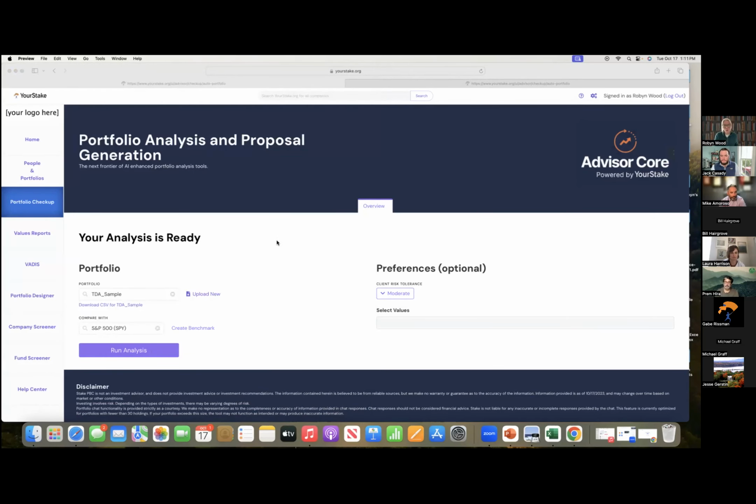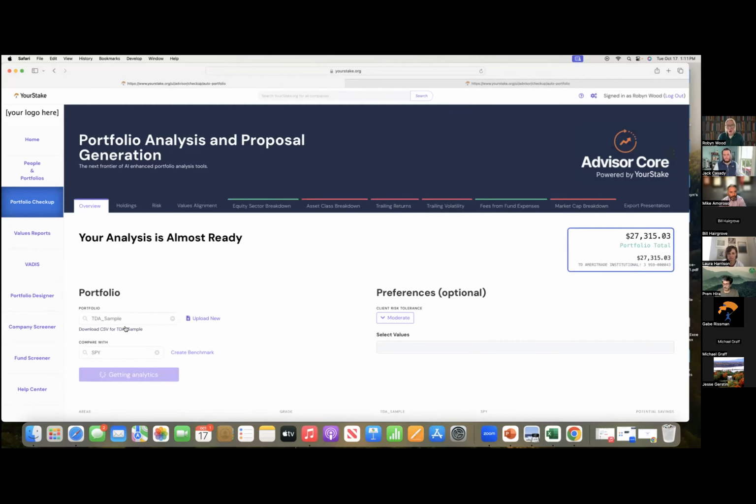Okay, so moving forward, the easiest thing that we get is a downloadable file. So I uploaded the PDF. Now I can get what I like to call a workable file, a CSV file that I can then upload if I need to in another program, maybe my CRM or my trading rebalancing platform.